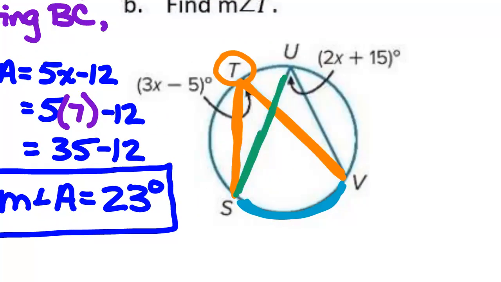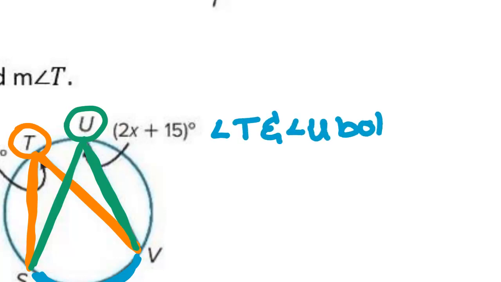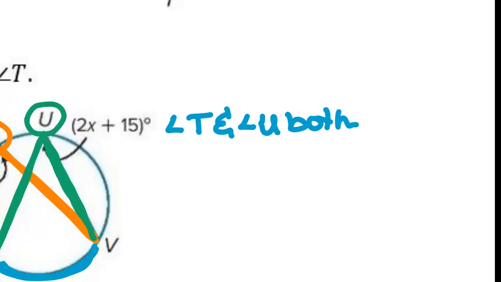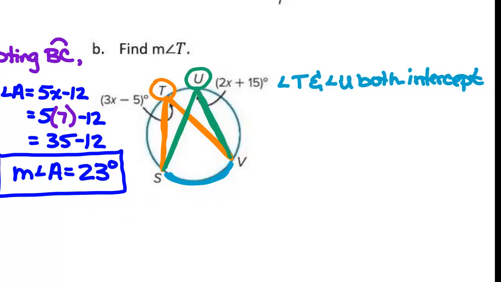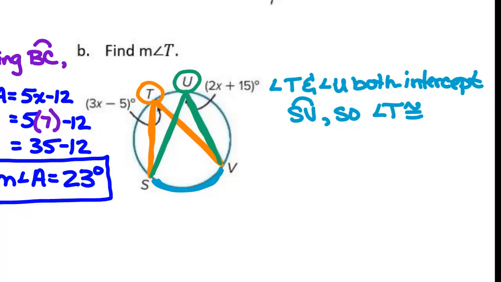U. Angle U is also intercepting that same arc. So angle T and angle U both intercept arc SV. So angle T is congruent to angle U.